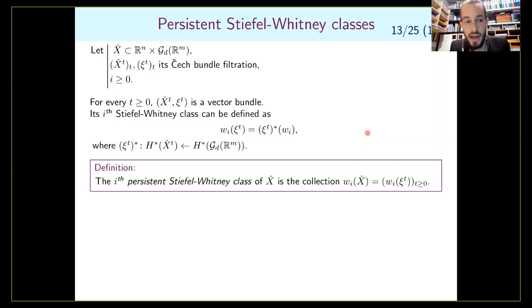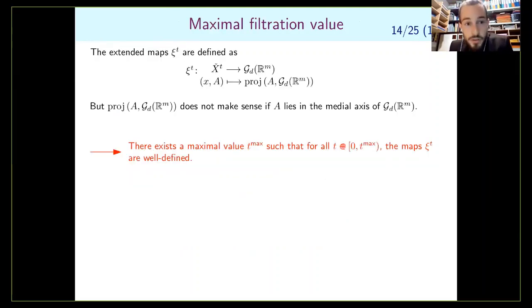And I say that the ith persistent Stiefel-Whitney class of this set is simply the collection of all the Stiefel-Whitney classes of its thickenings. And as you've seen, there is an issue here. These maps psi T are not well defined. This is because we project on the Grassmannian, and you have to be sure that your matrix does not belong to the medial axis of the Grassmannian.